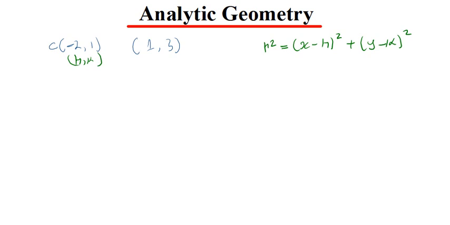H comma k. Does that give you an idea? Yes. Okay, how are we going to go about it? I think since we have the center and we have one point, we can find r first, and when we find r, we can find the equation of the circle.